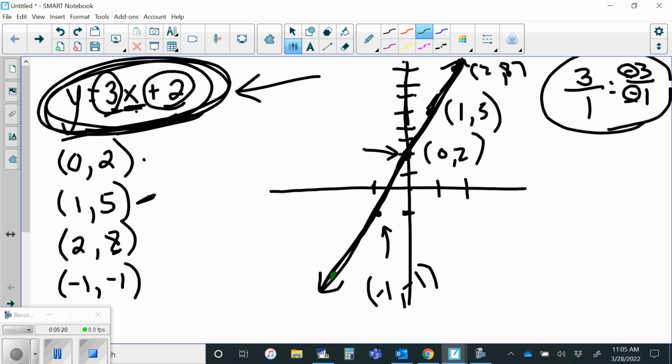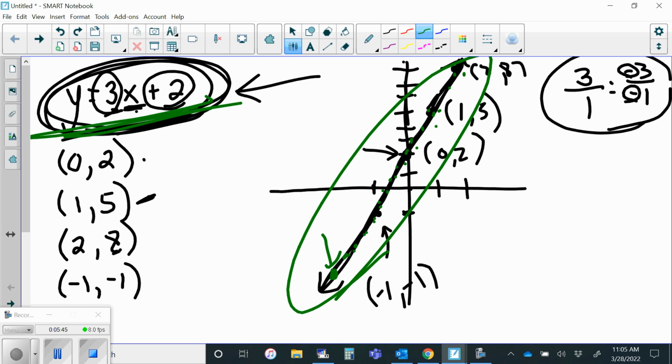If I use this ordered pair that's on the line, what would this ordered pair do to this equation? Make that equation what? True. It would make the left side equal to the right side. What does every ordered pair on this line do to this equation? Makes the equation true. That's why all of these are solutions to this question.